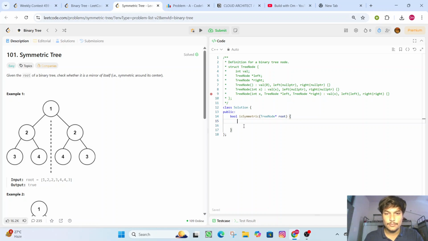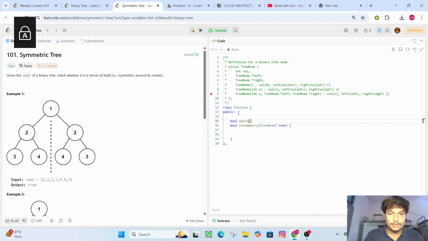We're going to write a new function for the question, bool match, and here we write TreeNode root1 and TreeNode root2.